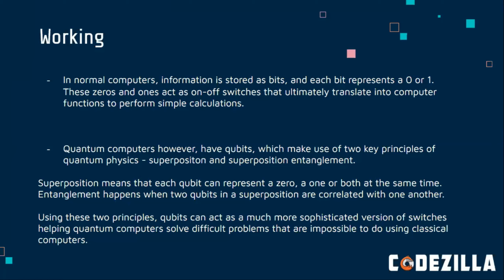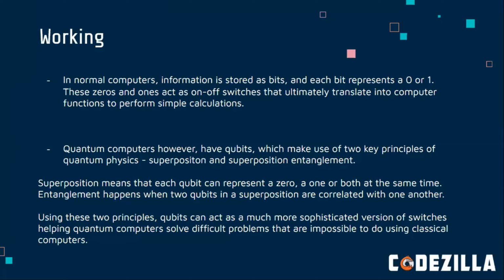Quantum computers, however, use qubits. A qubit, in simple words, is a mixture of both 0 and 1. Qubits make use of two key principles of quantum physics: superposition and entanglement, like we saw in the definition of quantum computing. Let's look at these two terms a bit more closely. Superposition means that each qubit can represent a 0, a 1, or both at the same time.